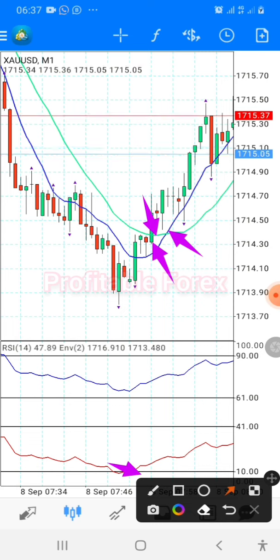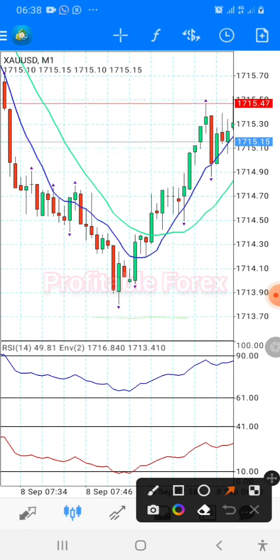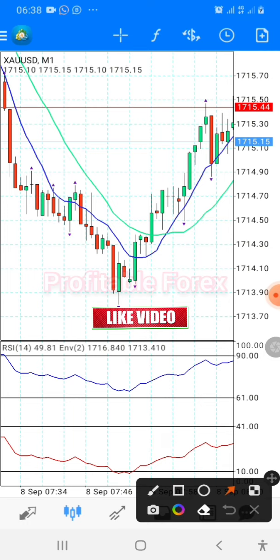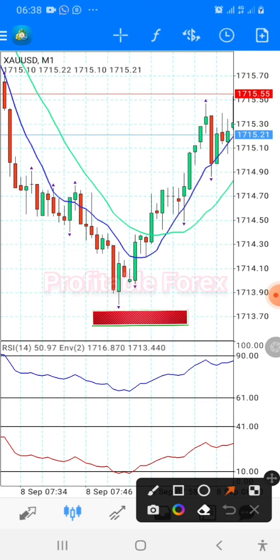Let me go over it again. Before taking a trade for a buy, that is when the trend changes to a bullish trend, for you to know that the direction of the price is changing from bearish to bullish, the red envelope will be at level 10.